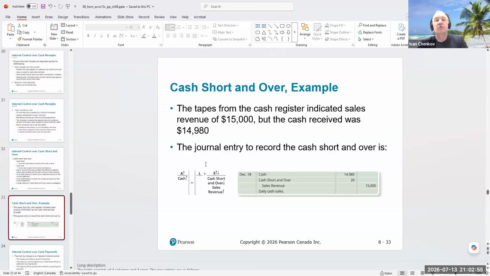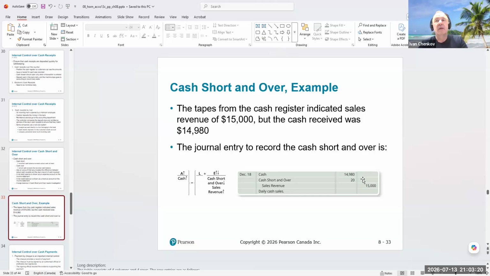Now, an example of cash short and over: you run the register at the end of the day. The register indicates that the revenue is 15,000. The cash register shows 15,000 cash. You count the cash and you find $14,980.